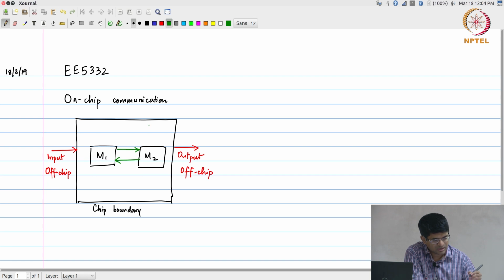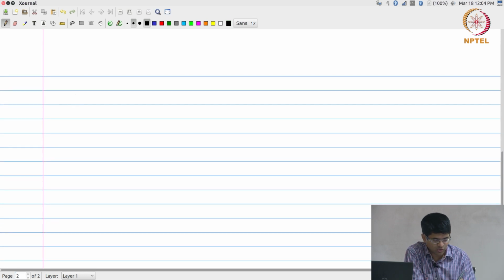Okay. So at the simplest level, what we could think of is something like this. I have two modules, M1 and M2. If I want to transfer some data from M1 to M2, I need to have a set of signals that are going from M1 to M2.